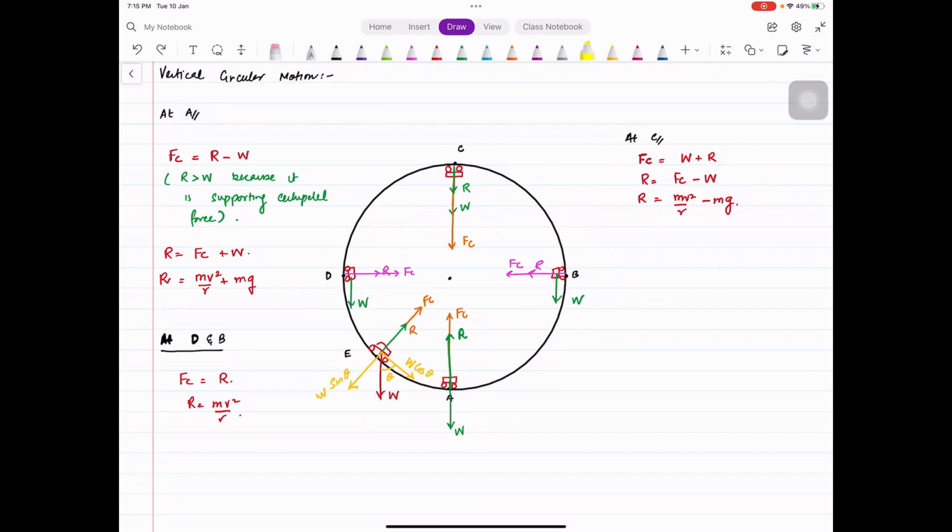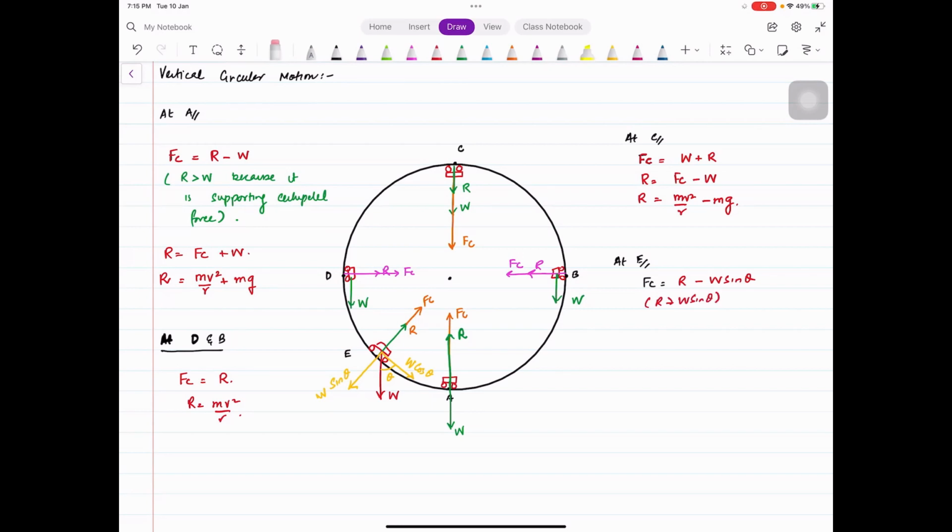So what you want to do is write that at E, Fc will be equal to R minus W sine theta. And the reason why R is again greater than W sine theta is because the centripetal force has to be towards the center.